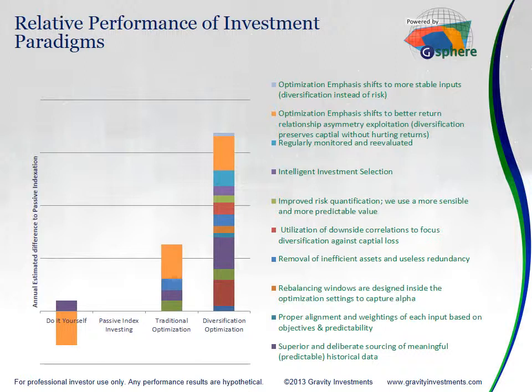So traditional optimization is a step ahead of passive index investing. You can see for yourself and study this slide to see what the individual benefits are. But diversification optimization is able to integrate a lot more quant-oriented, sustainable edges.